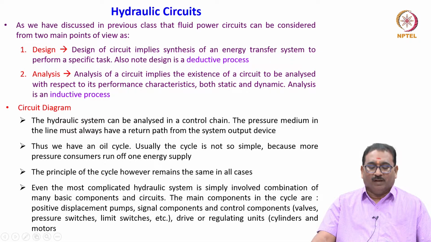Even the most complicated hydraulic system simply involves a combination of many basic components and circuits. The main components in a cycle are positive displacement pumps, which may be fixed type or variable type based on the requirement, cost factor, efficiency factors and many things.